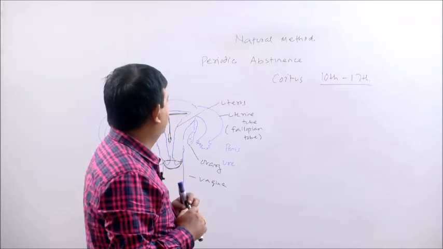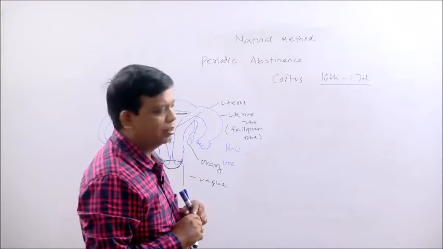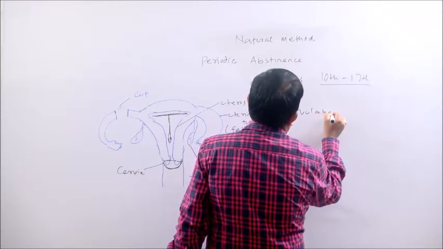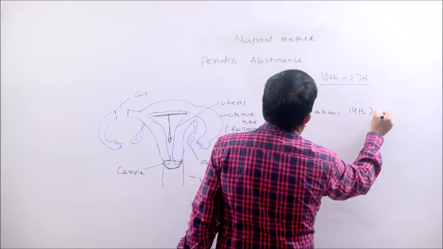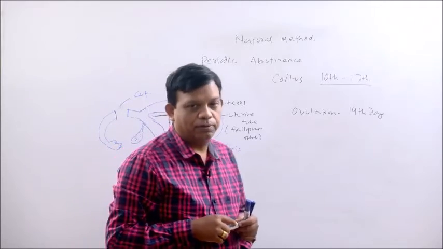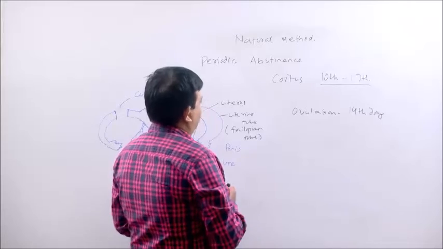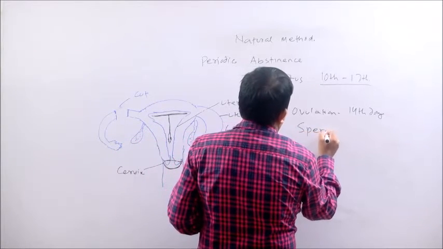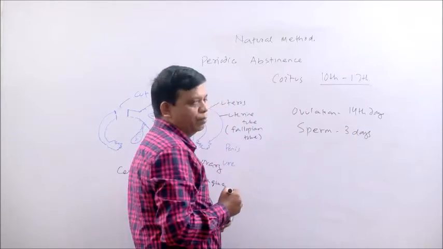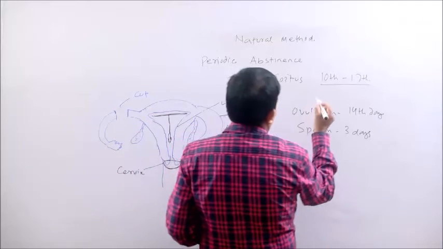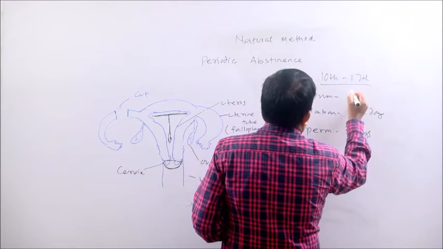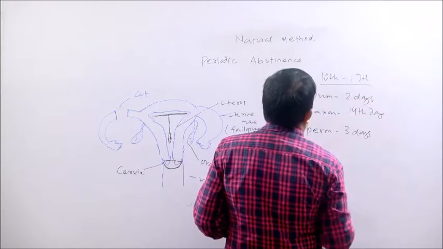This periodic abstinence is based on the fact that ovulation occurs around the 14th day. The sperm has a lifespan of about 3 days in the genital tract of the female, and the egg released has a lifespan of 2 days.